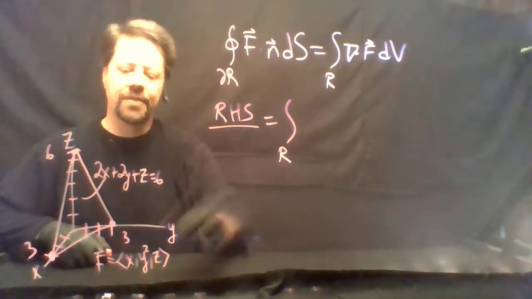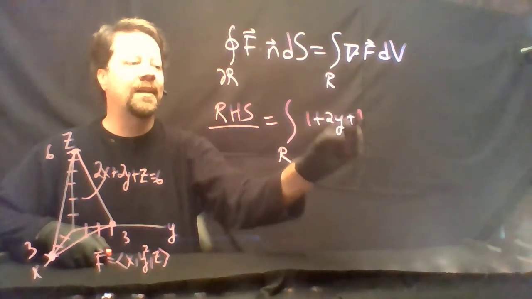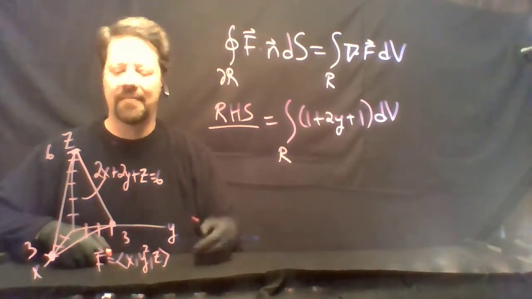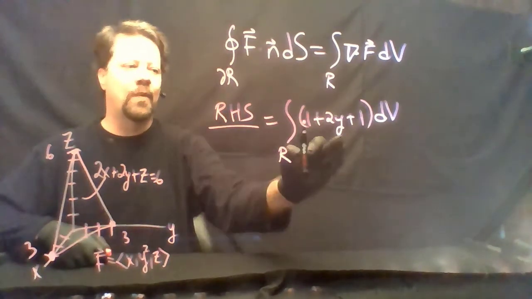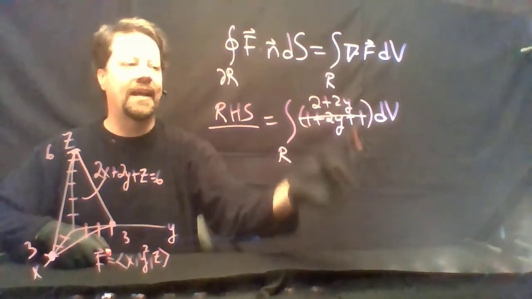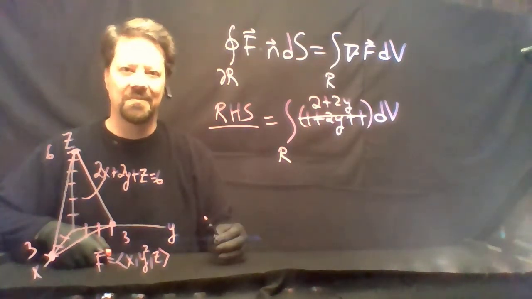The divergence of this vector field will be 1 plus 2y plus 1 up against a volume element. Within this region, all of the y values are positive, so we'll be integrating 2 plus 2y and expect a positive contribution from both of these terms.